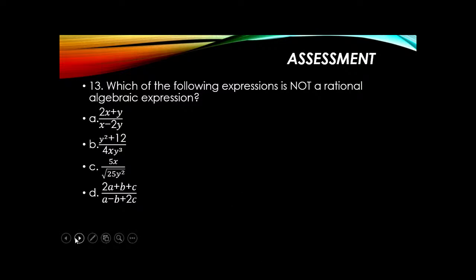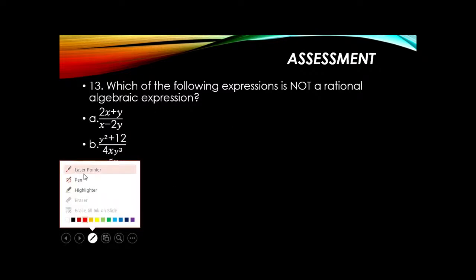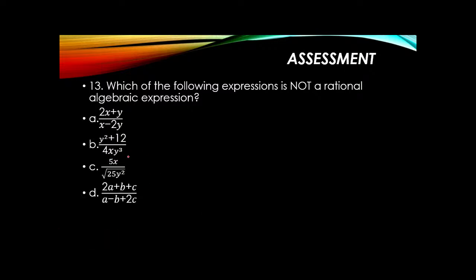Then letter D, 2a minus a all over 2a plus b plus c all over a minus b plus 2c. Okay, where is the one that is not a rational algebraic expression?